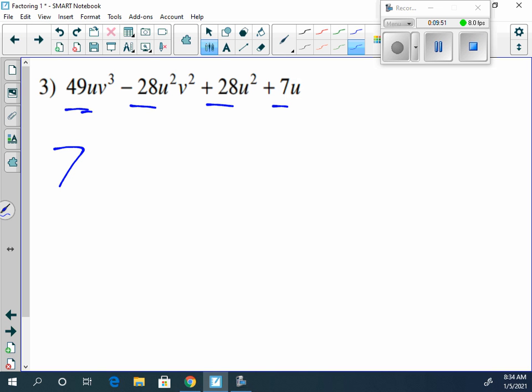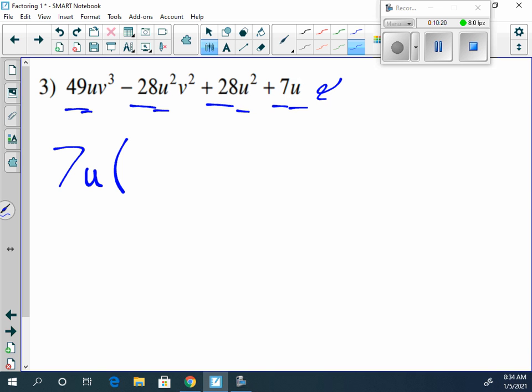Now we have u squared, and u. Is u in common with all 4 terms? Yeah, so we can also factor out a u. And that's it, because 7u does not have v, and 28u squared does not have a v term in them. We're not going to be able to factor that out. So that's as far as we can go with this here.